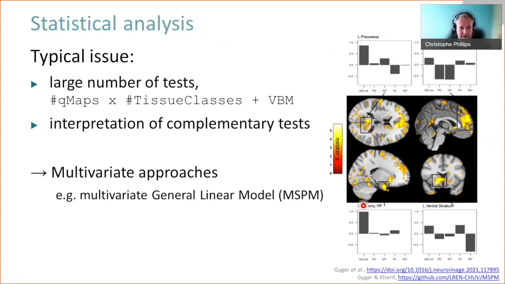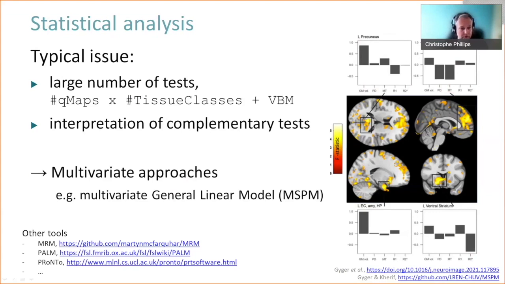And in some places, this is mostly driven by a morphometric effect, while in others, we would more likely observe something that is R2 star dependent, or here that could be a change in proton density and MT saturation. There are obviously other tools flowing around, so I'm just mentioning the few I know of.